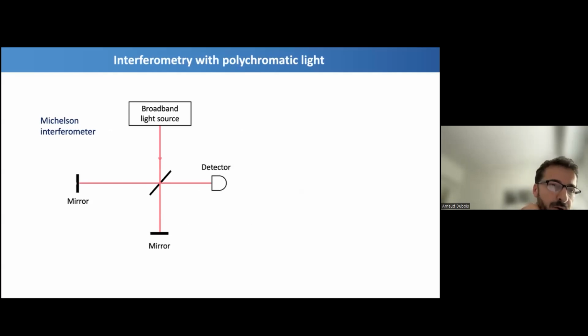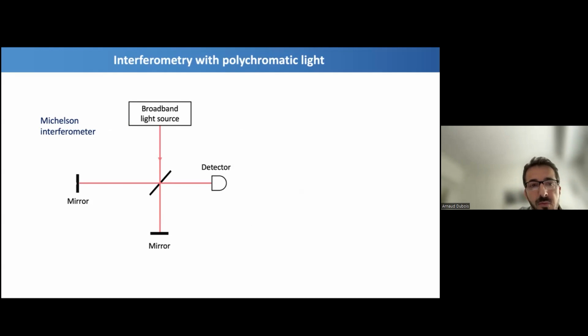Here is a schematic diagram of a microscope interferometer. A beam of broadband light is sent into the interferometer, which divides the beam into two beams. The two beams are reflected by mirrors, and they are then recombined at the interferometer output where they can interfere.